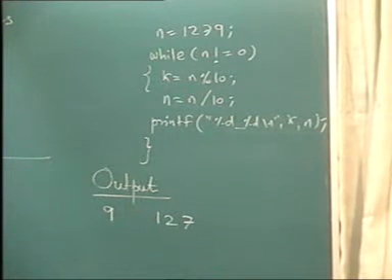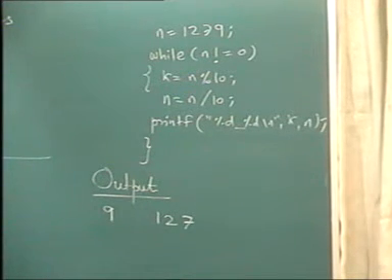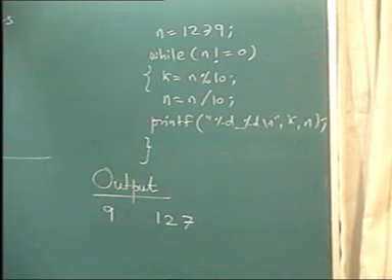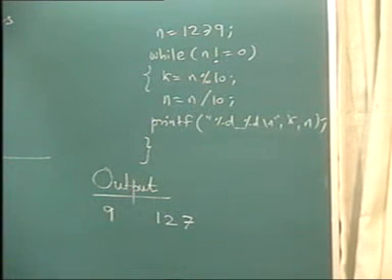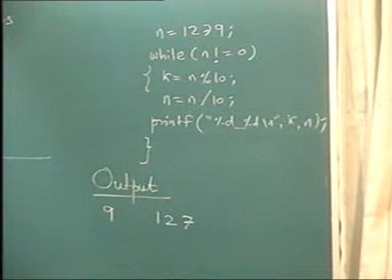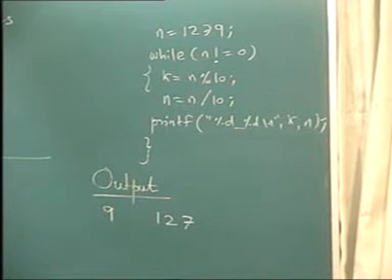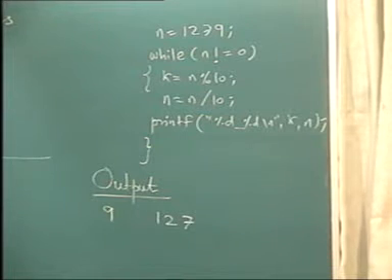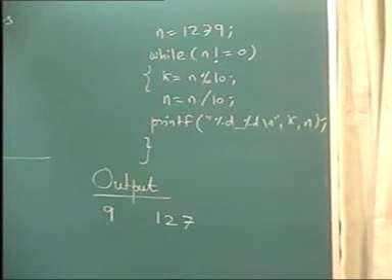Percent gives us remainder. Slash gives us quotient. So what is value of n right now? Madam, what we have printed just now? k and n. What is value of n?